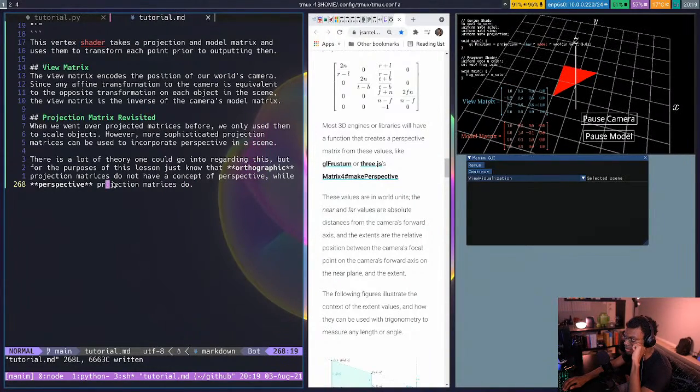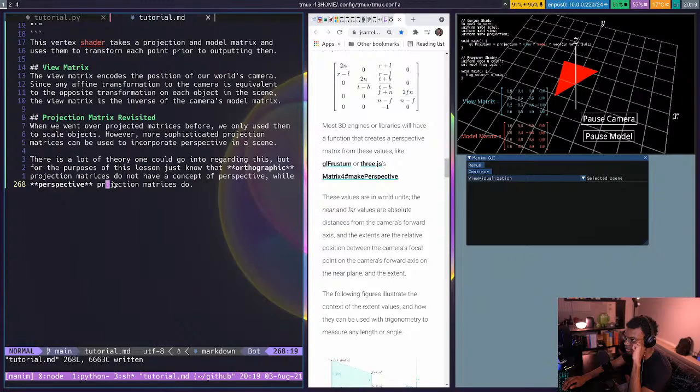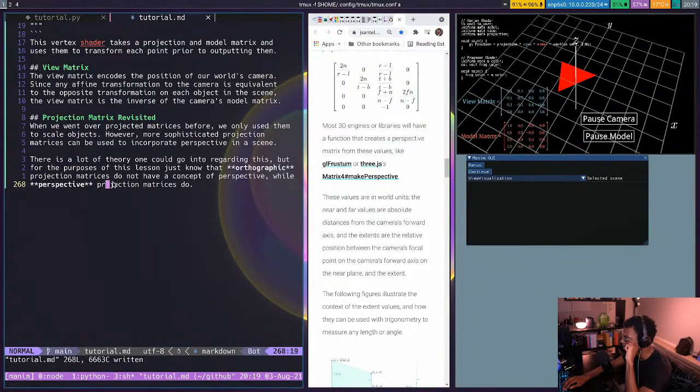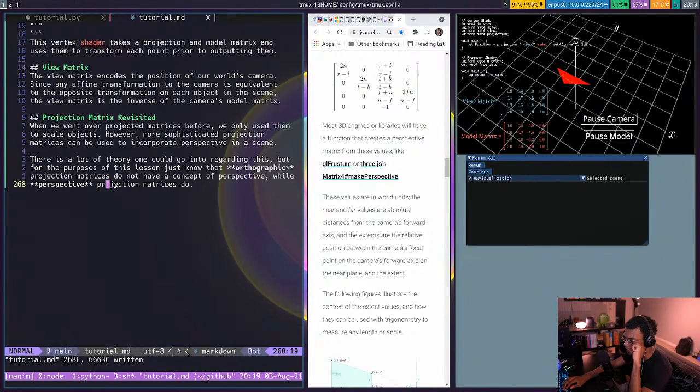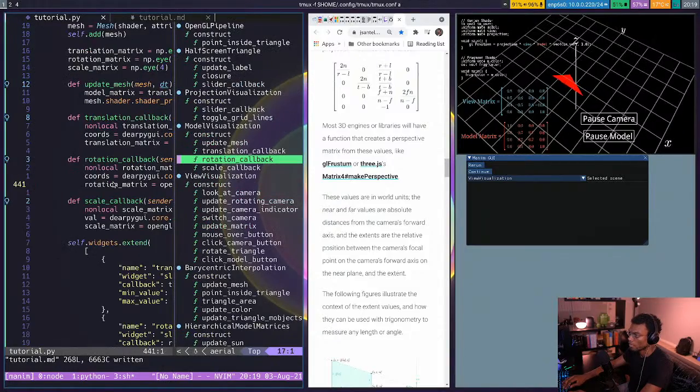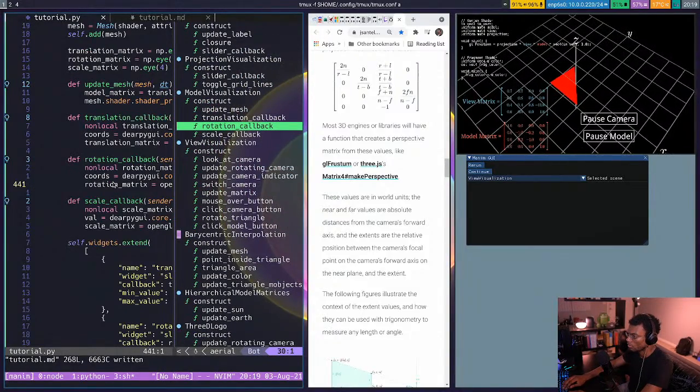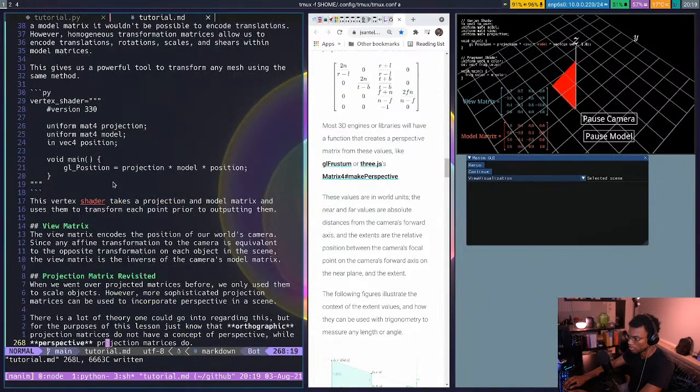Perspective projection matrices do. Great, I think that's all I really needed to say. And from there, barycentric interpolation.